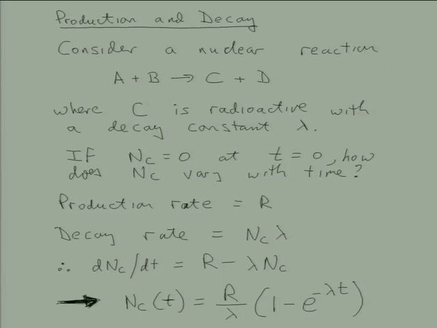So either way, you can start from first principles and do it, or you can just plug this in and show that it solves it. But the point is then that the number of species C as a function of time is R, the production rate, divided by lambda, the decay constant, times 1 minus e to the minus lambda t.